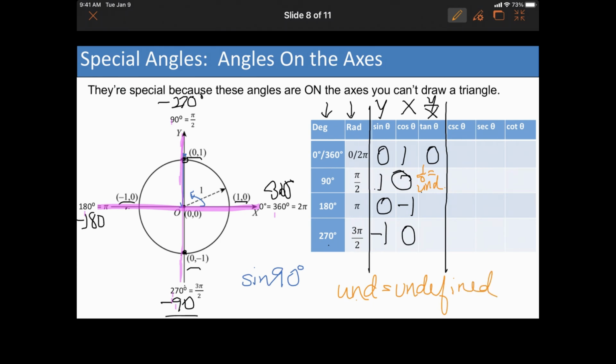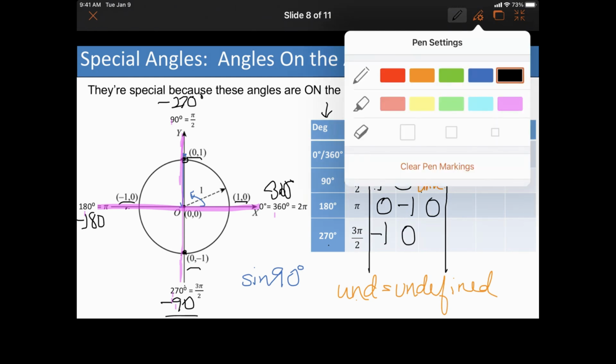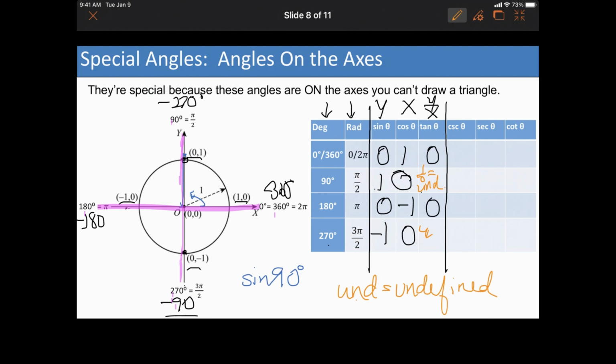So remember, anytime you divide by 0, not possible. Okay, change the color. So I have 0 divided by negative 1, that's going to be 0. And then negative 1 divided by 0, again, that is undefined.